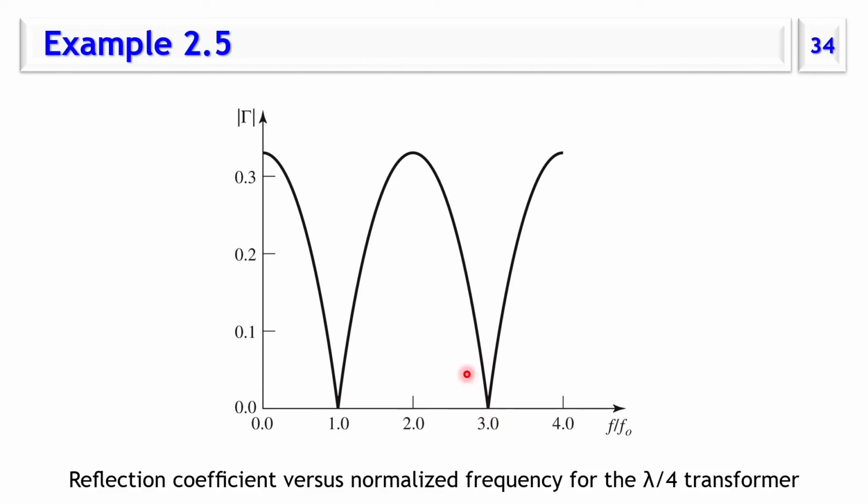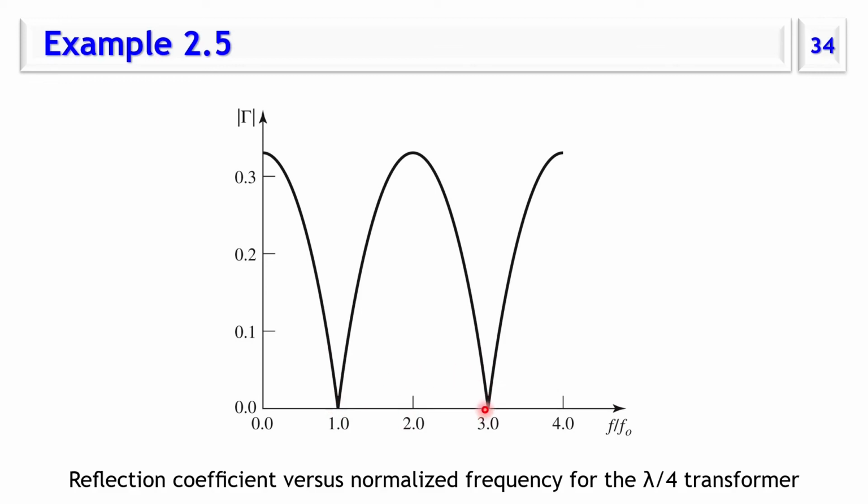At this higher frequency the wavelength is smaller, so the same length, which equals lambda by 4 here, will equal 3 lambda by 4. 3 lambda by 4 and lambda by 4 have the same effect because they are lambda by 2 away from one another. So the input impedance at lambda by 4 and at 3 lambda by 4 is the same value.